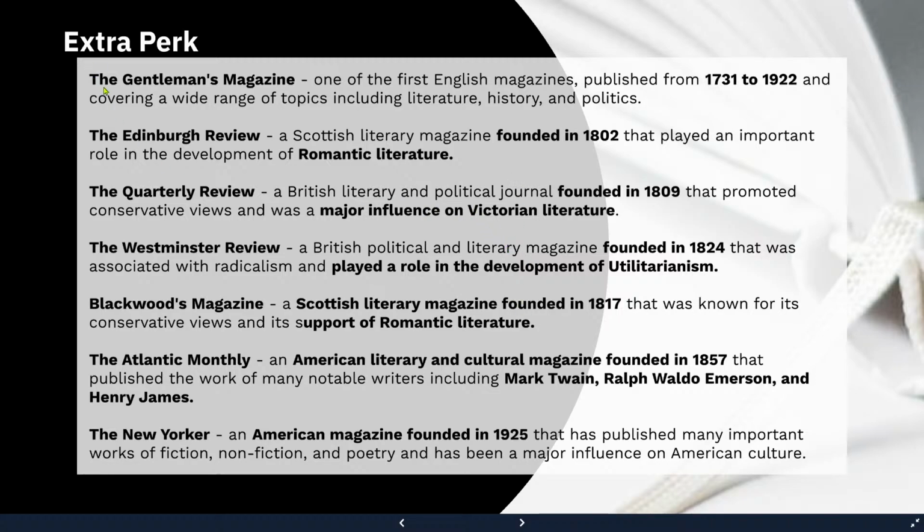So the first was Gentleman's Magazine, one of the first English magazines, which was published from 1731 and ran till 1922, covering a wide range of topics: literature, history and politics. Another is the Edinburgh Review, founded in 1802, and it is related to romantic literature.